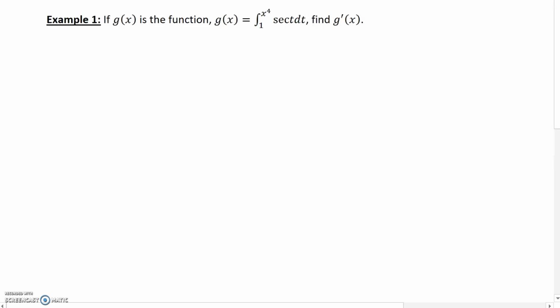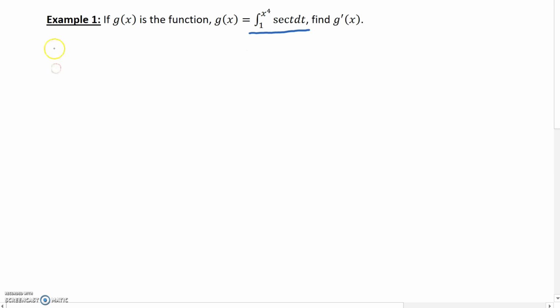Okay, so we're going to try and differentiate this function, g of x, which is defined as the integral from 1 to x to the power of 4 of secant of t dt. There's a couple of things to know here. The first one is the lower limit.